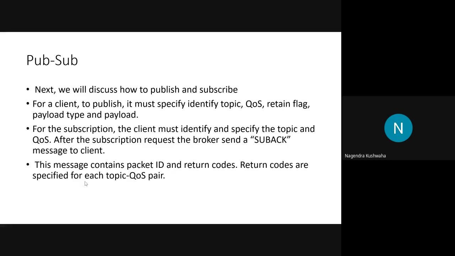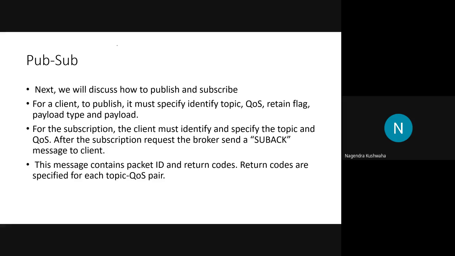So what happens when a client publishes? It must specify the topic, the quality of service, a return flag, the payload type and the payload. We will see the figure or the structure of how the client publishes.